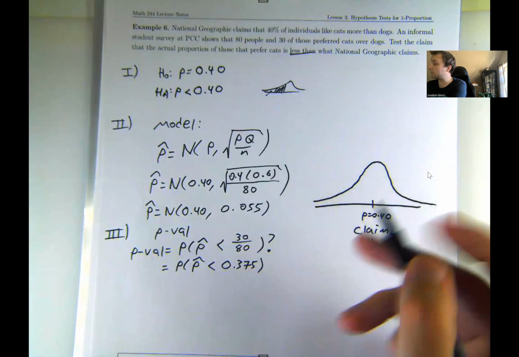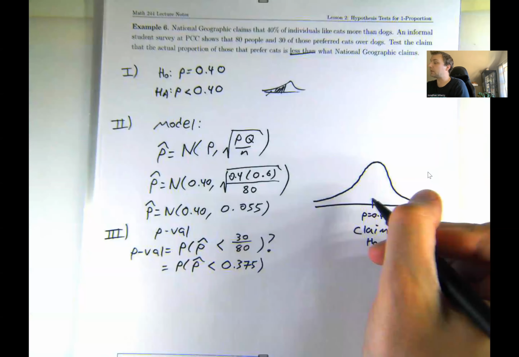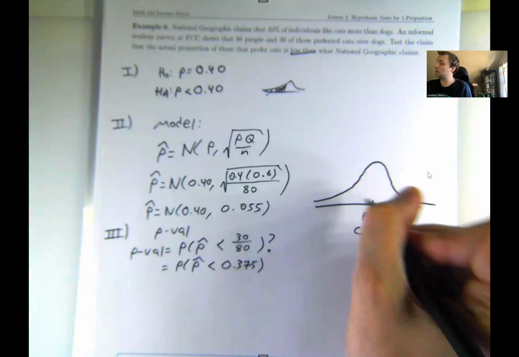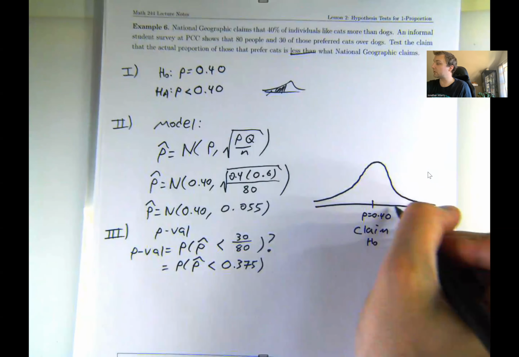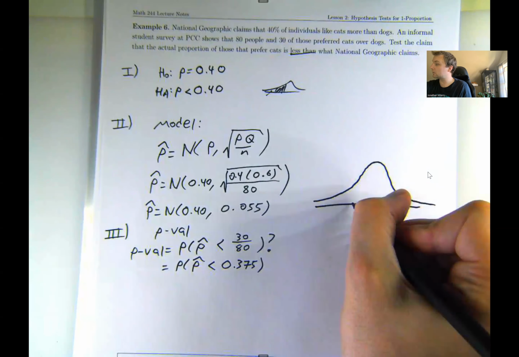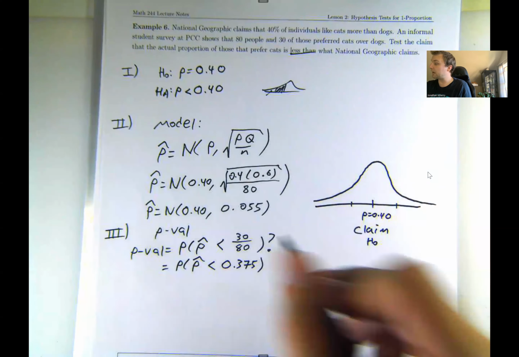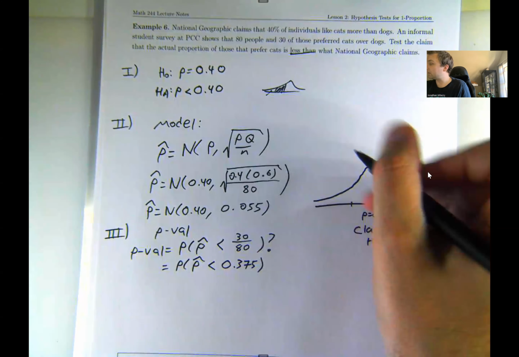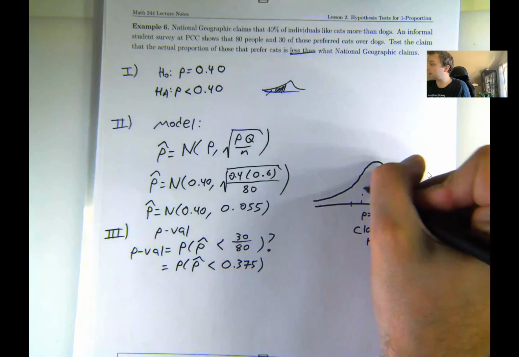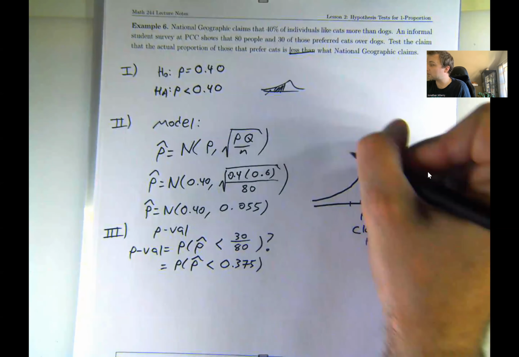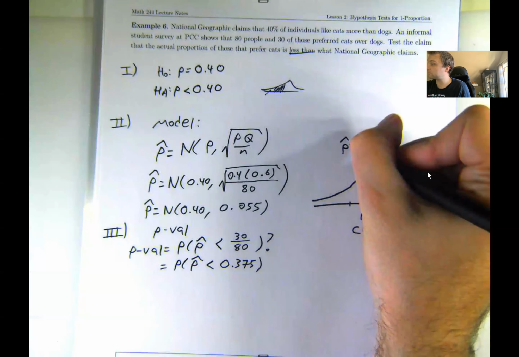So this would be roughly pretty close to 46%... this would be roughly 34%. This would be roughly 46%. And my sample data is 37.5. 37.5 is fairly close to the center.